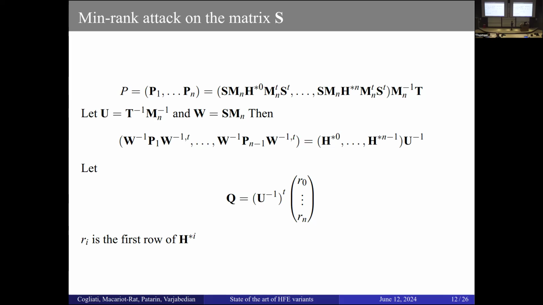I forgot to explain that each H star i represents the matrix H to the power of the Frobenius, just like when you are doing the natural morphism between the finite field and the big field. So as I said, you take the first row of each H star i, and you obtain a new matrix.